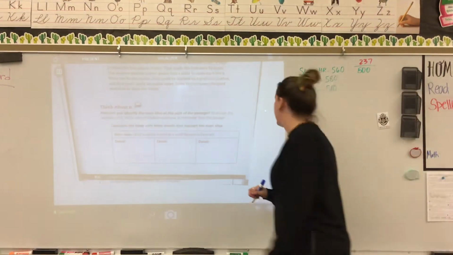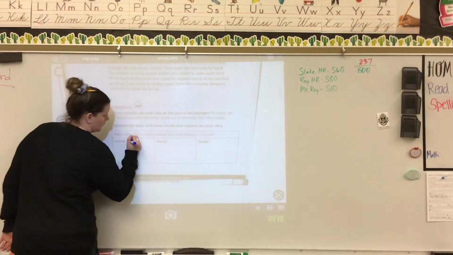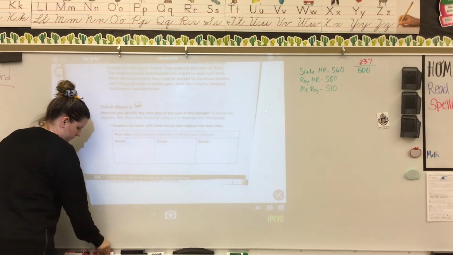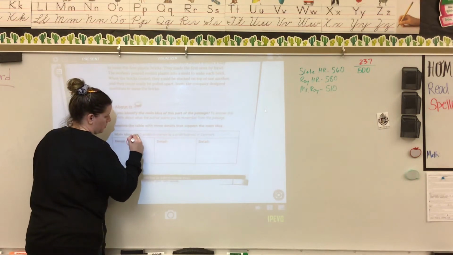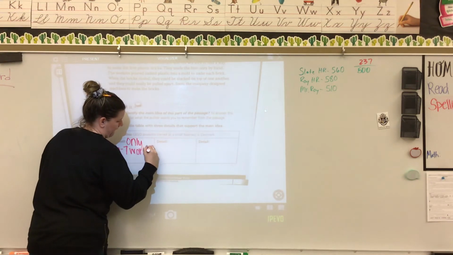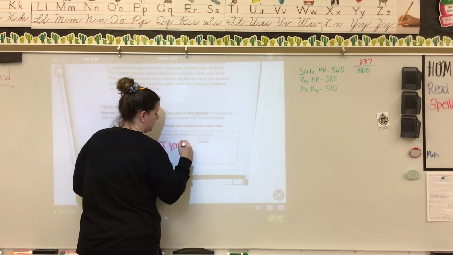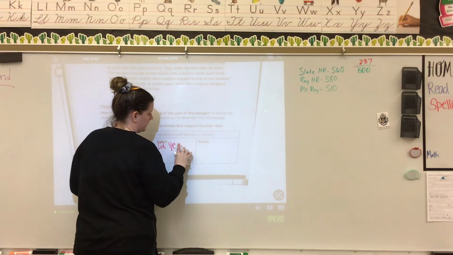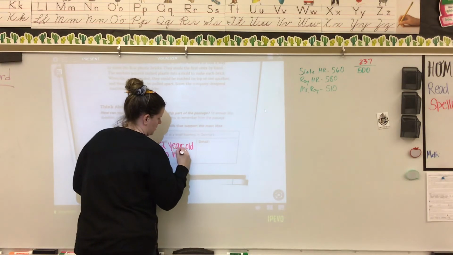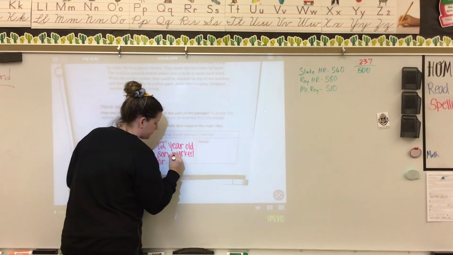So the first one would be that he only had 6 or 7 workers. Well, let's find a different marker there. His 12-year-old son. So 12-year-old son worked for the business.